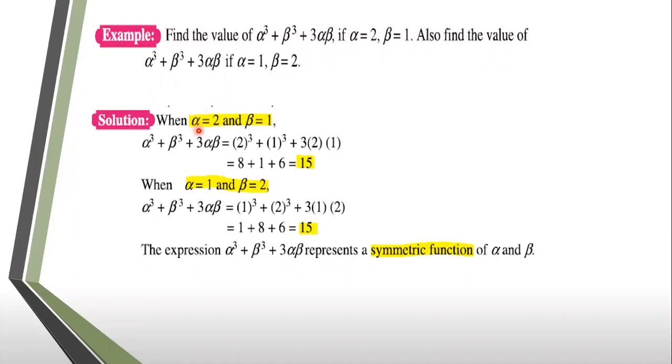If we replace alpha is equal to 2 and beta is equal to 1, we will get 2 cube plus 1 cube plus 3 into 2 into 1. 2 cube is 8, 1 cube is 1 and 3 into 2 into 1 is 6. 8 plus 1 plus 6 is 15.